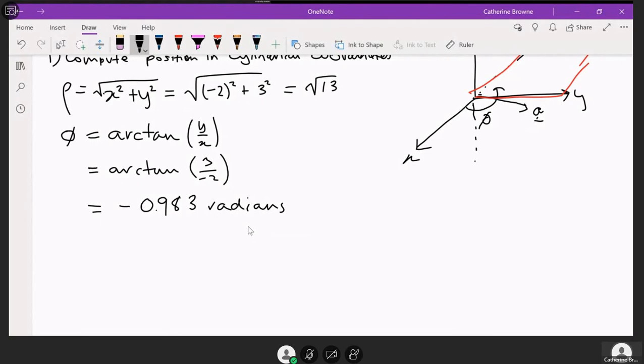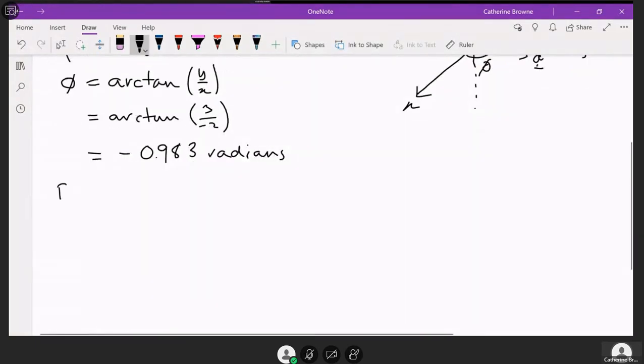But since x is less than 0 and y is greater than 0, we've got to add pi to that answer, basically.